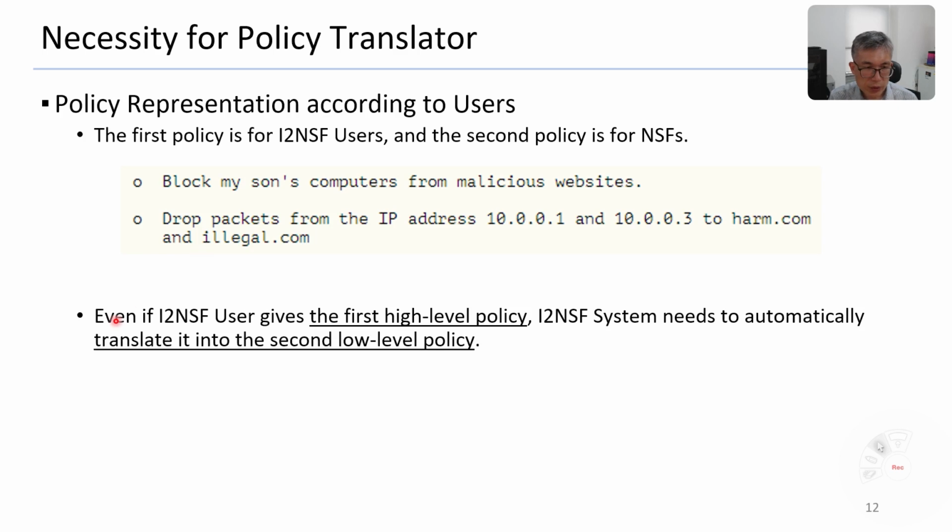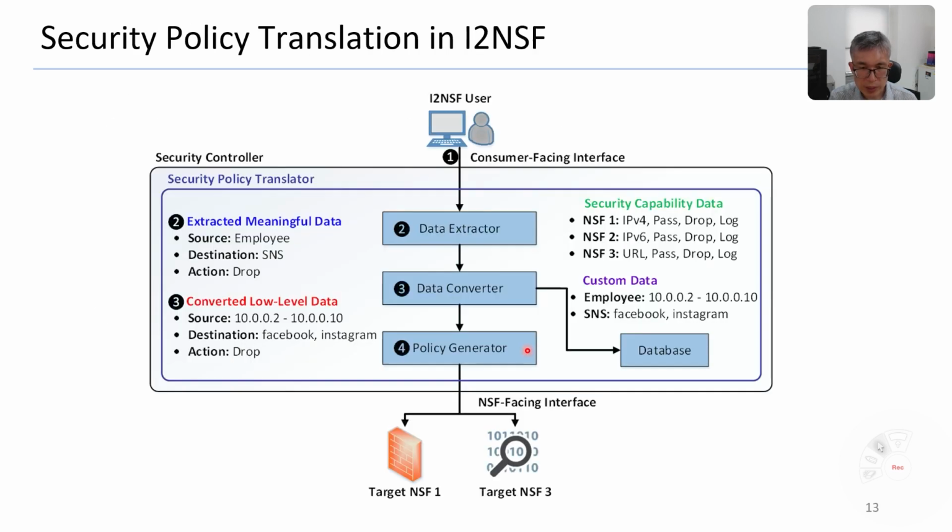So even if the I2NSF user gives the first high-level policy like this, the second, a little more detailed policy should be generated. So this figure shows the security policy translation procedure.